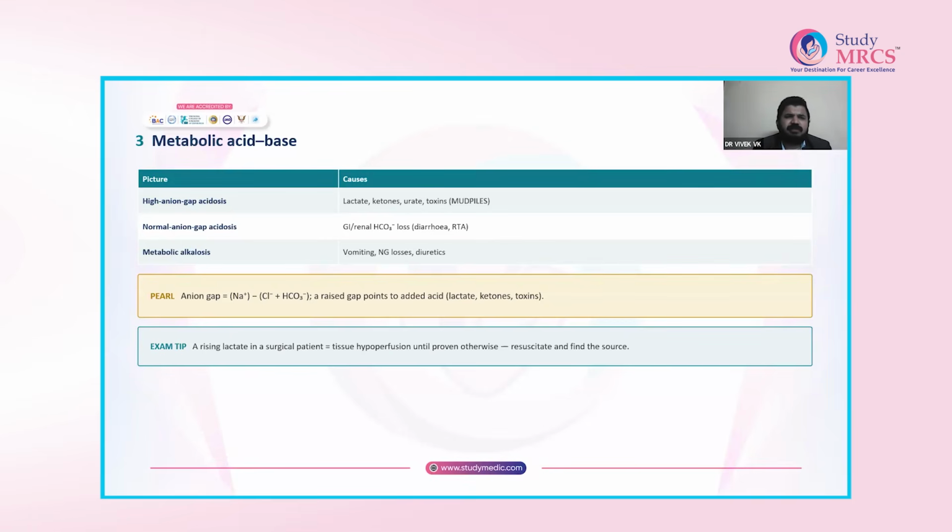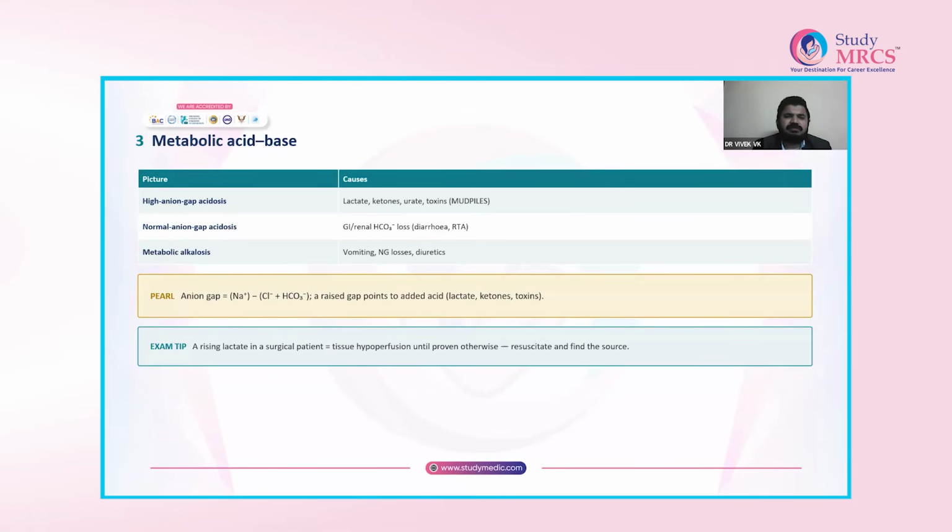So the patient is developing alkalosis because H plus is acidic and that is being lost. That means the patient is becoming alkalotic. And also excessive diuretic intake can also cause metabolic alkalosis.